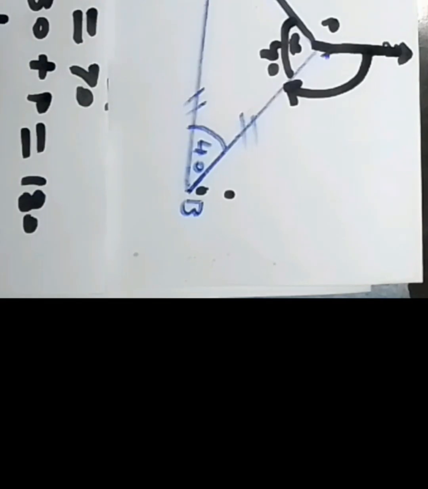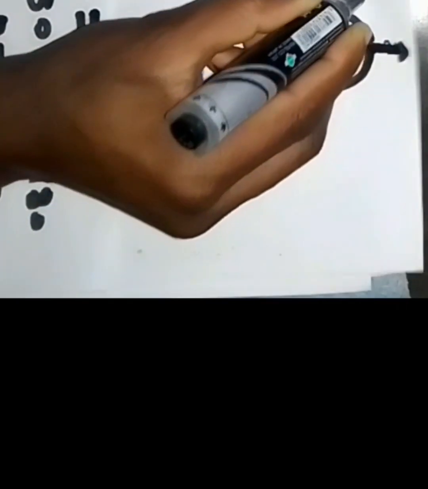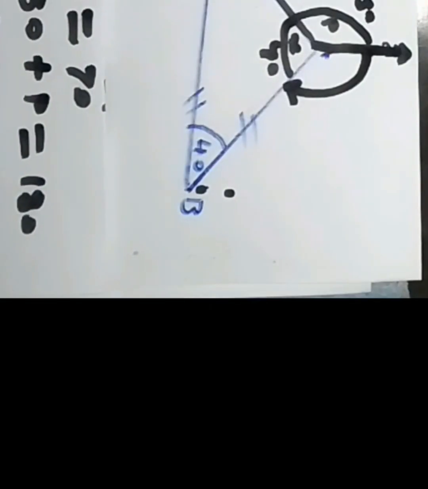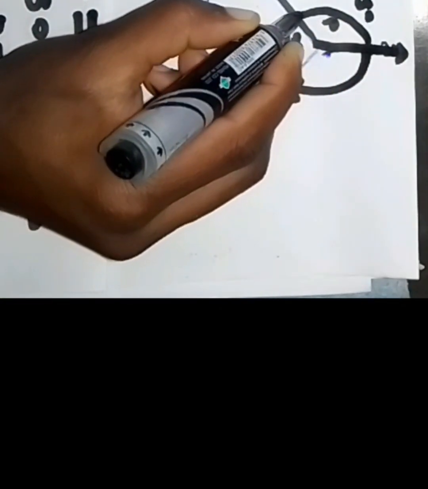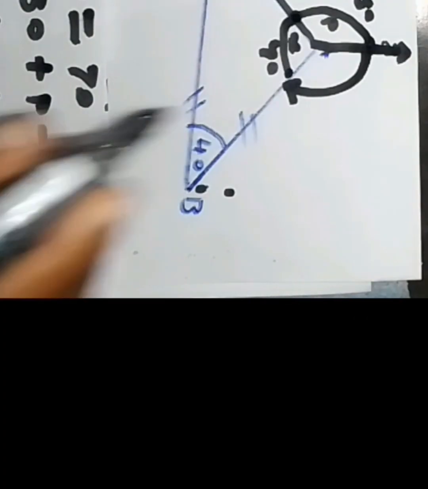So P is 180 minus 30, which gives 150. So this angle is 150, this one is 70, and this one is unknown.